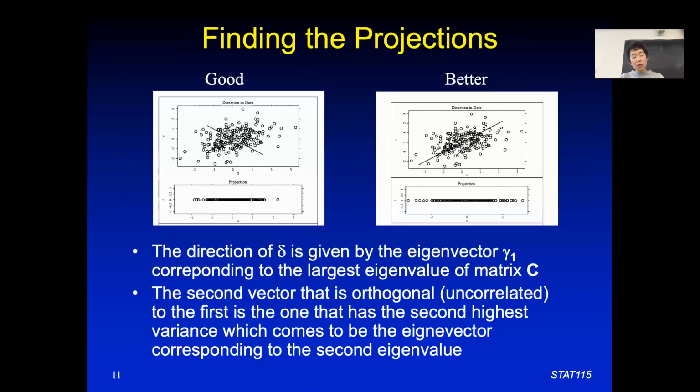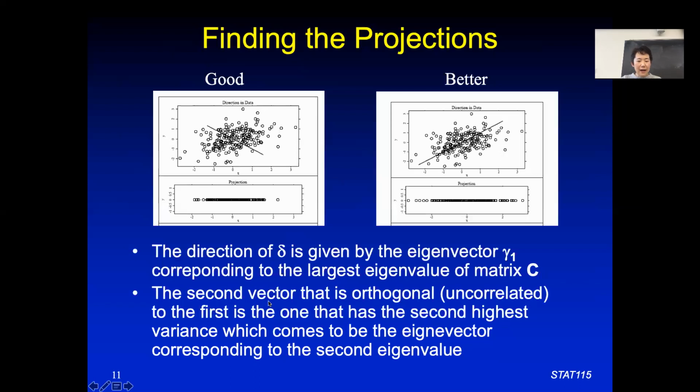And so then you convert the original higher dimension into a single value, right? So the direction is given by the eigenvector, which corresponds to the largest eigenvalue of the matrix.